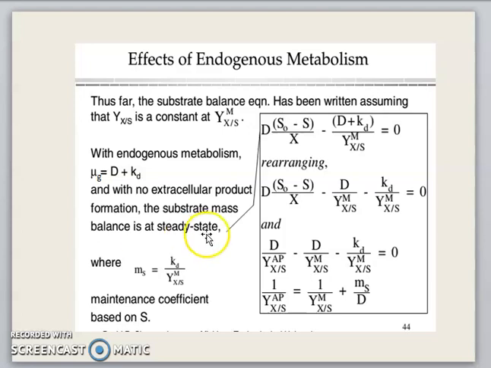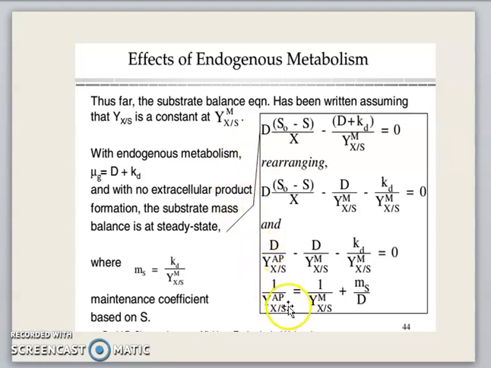With no extracellular product formation, the substrate mass balance at steady state gives the maintenance coefficient based on substrate, equivalent to Kd over Y m xs.